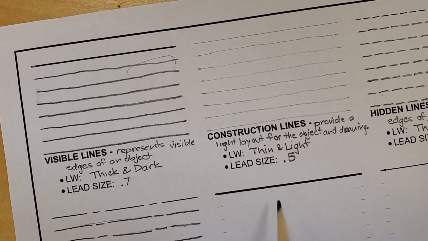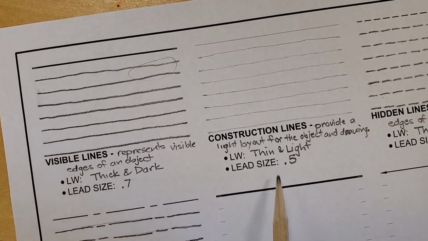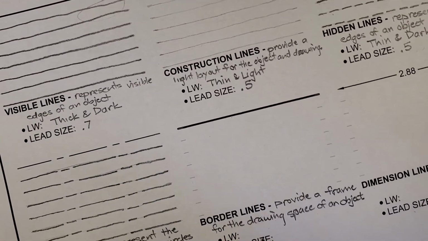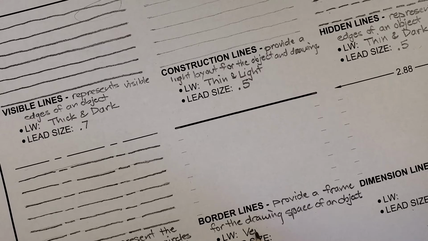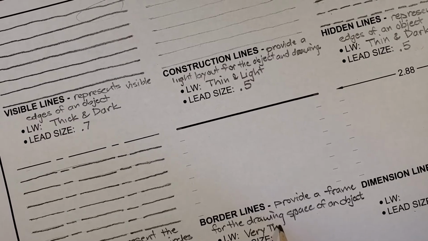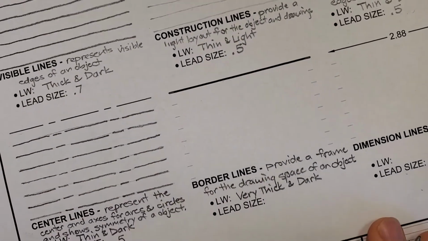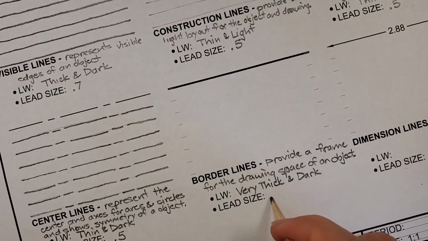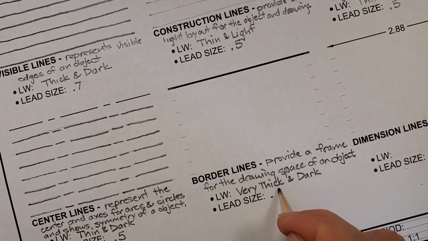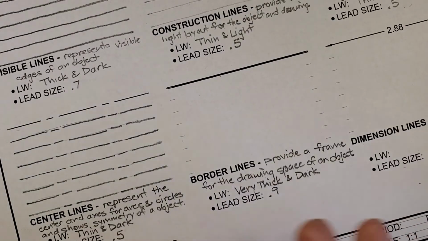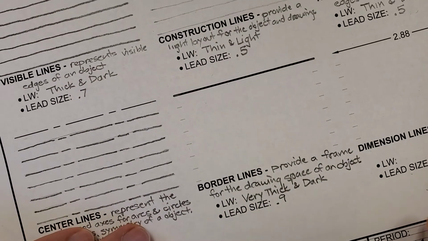If you want to compare it, the best comparison is to a visible line. It looks a whole lot like a visible line, but if you notice, it's a bit thicker than a visible line. So since it's thicker than a visible line, and a visible line is considered thick, then we'll say that it is very thick and dark. Okay, so very thick and dark. Therefore, the lead size, since a visible line is 0.7, then this would be the 0.9. Okay, lead size. And those 0.5, 0.7, 0.9 are in millimeters, okay, in terms of size.